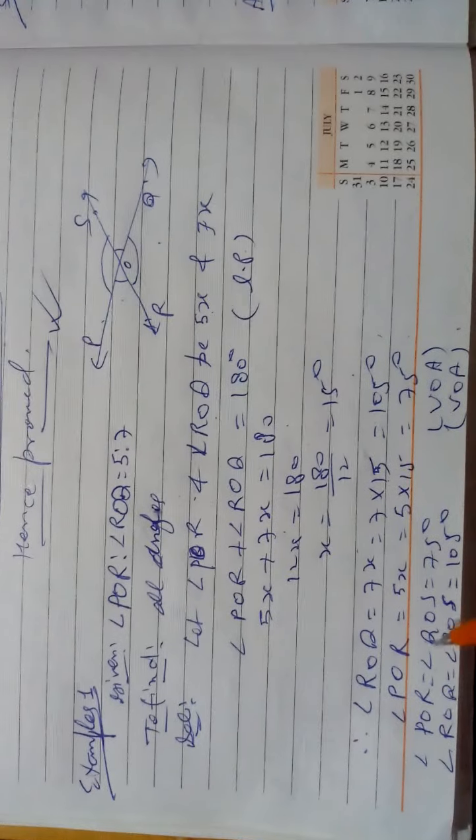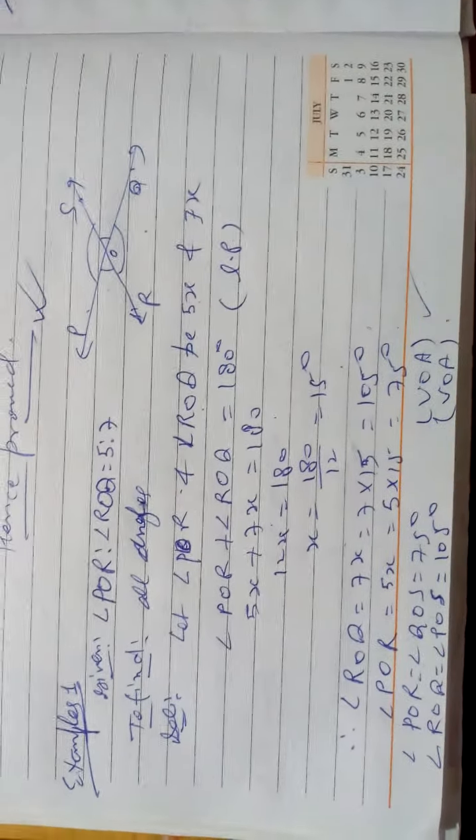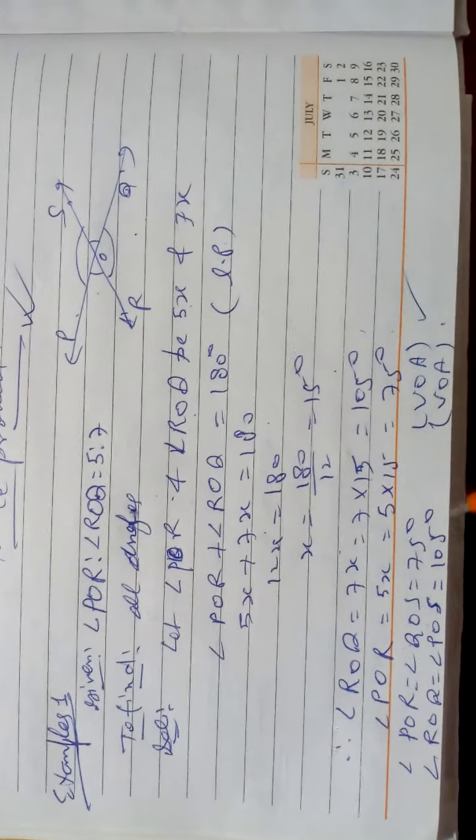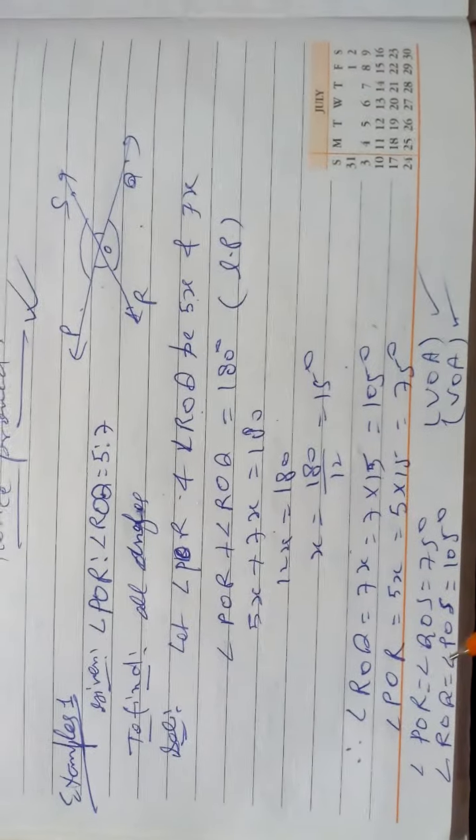Now these are vertically opposite angles, so POR equals QOS equals 75 by vertically opposite angles. ROQ equals POS equals 105. So you get all 4 angles.